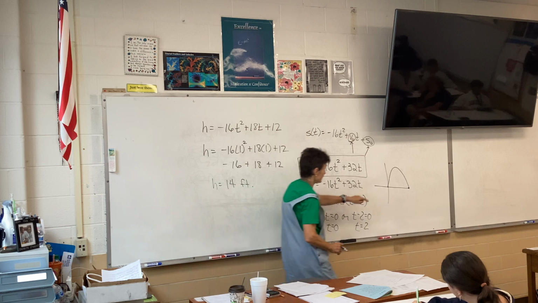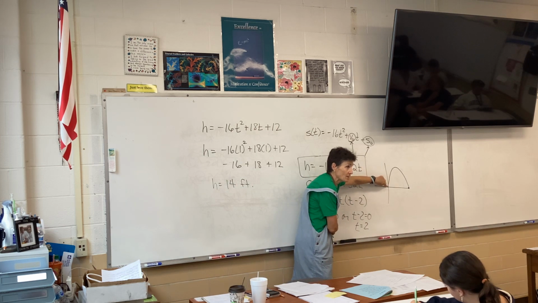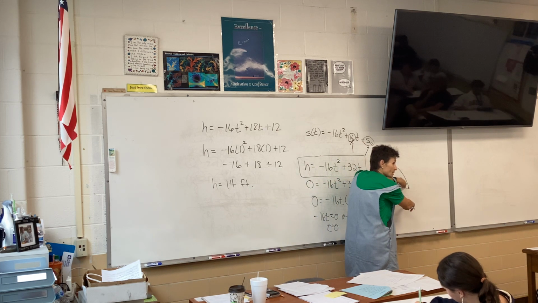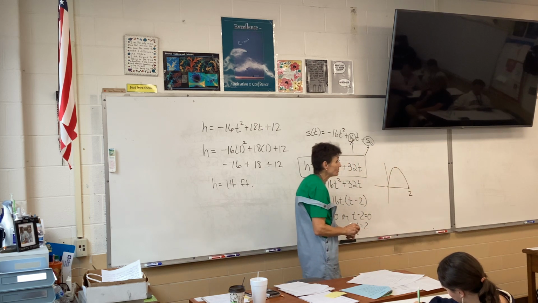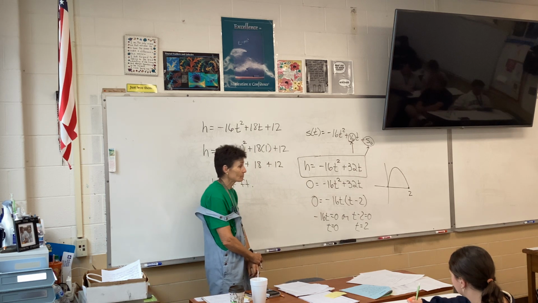Now look, isn't the ball on the ground at time 0? Didn't I know that was going to happen? When else is the ball on the ground? At time 2. So when is the ball on the ground? After 2 seconds. That's when it lands on the ground.